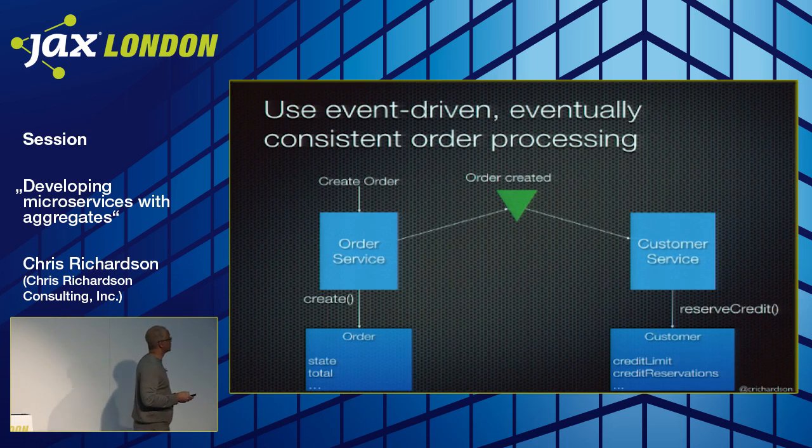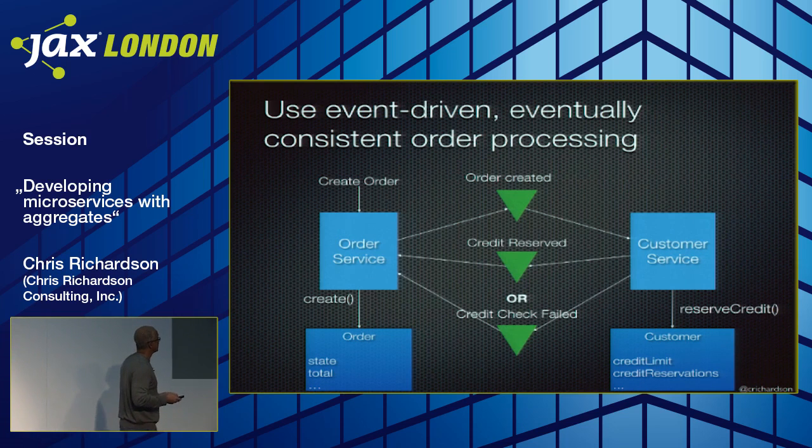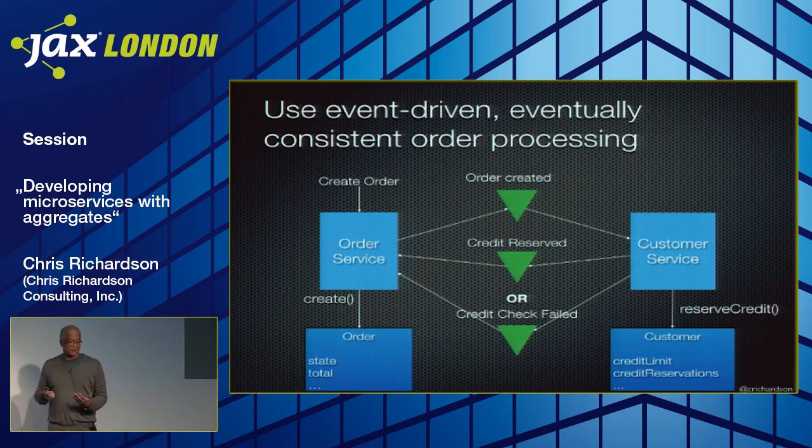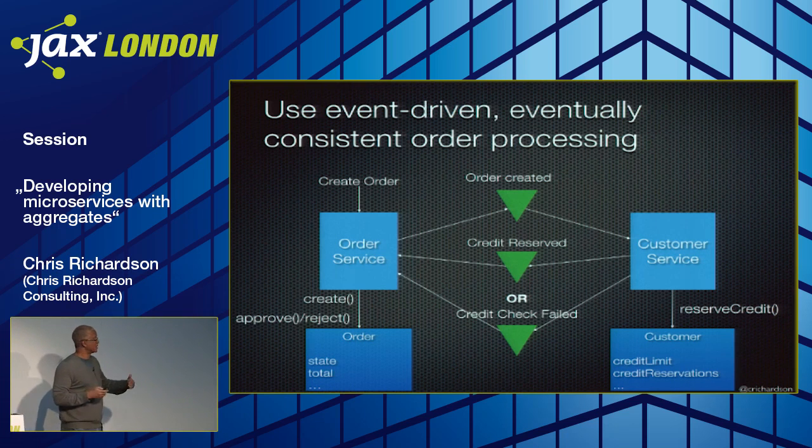And if it's successful, it publishes an event to say the credit has been reserved. And if it's unsuccessful, it publishes an event to say that the credit check has failed. The order service then consumes that event and either approves or rejects the order.